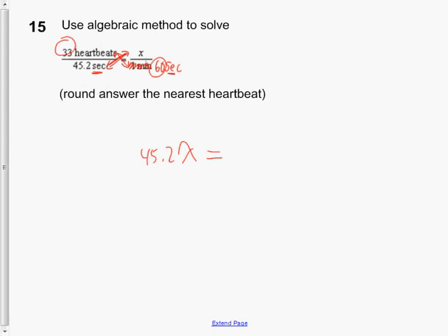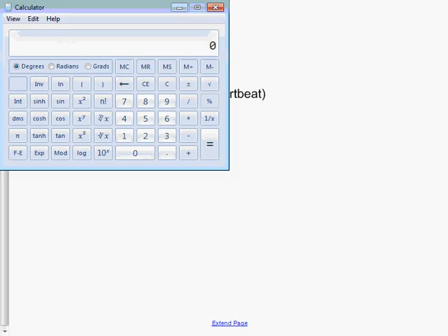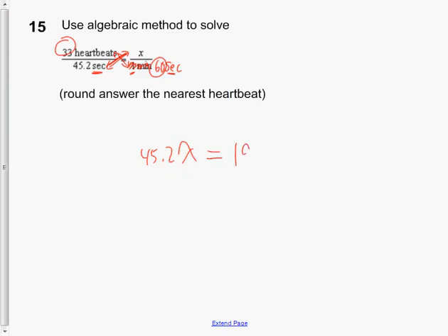Now, a common mistake is not to change it and keep 1. And that would be the wrong answer, because that would be considering it as being 1 second and not 1 minute. So you do 33 times 60. Grab your calculator. 33 times 60 is 1,980. And that's all you did. So you just multiplied across here to get 45.2x, multiplied it across here to get 1980, and that's your algebraic equation. Divide both sides by 45.2.